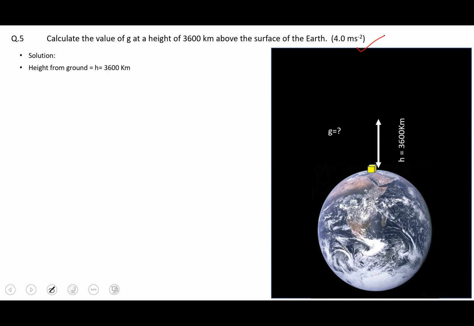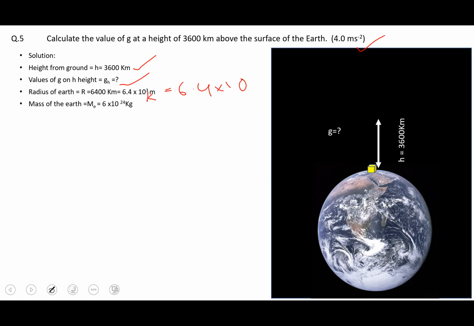So solution says we have the height, which is 3,600 kilometers. We have to find the value of g at this height, and the radius of the earth, which we'll know, is 6,400 kilometers, which is equal to 6.4 into 10 to the power 6 meters.